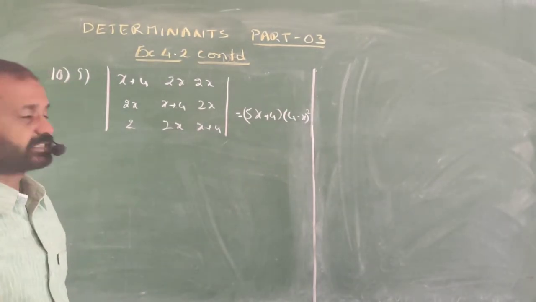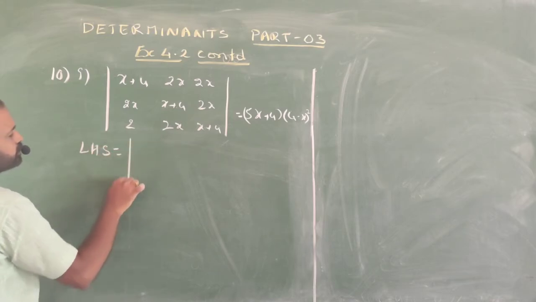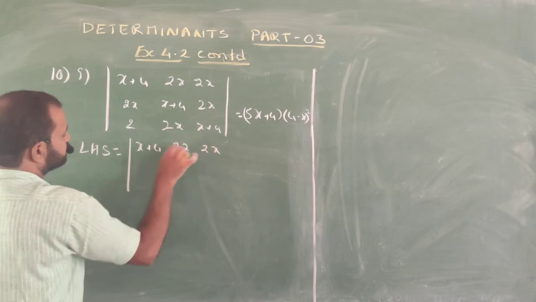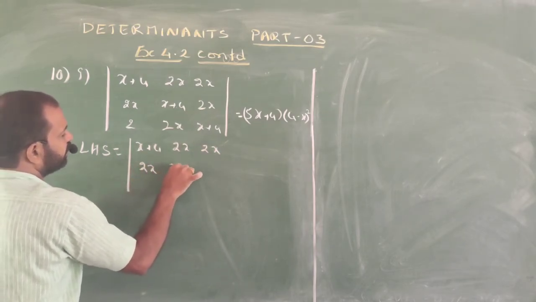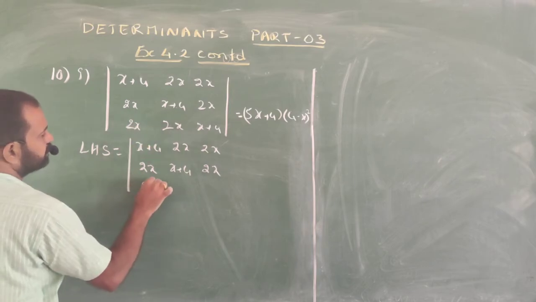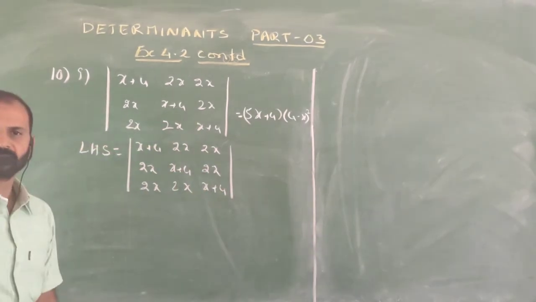Now, LHS is equal to x plus 4, 2x, 2x; 2x, x plus 4, 2x; 2x, 2x, x plus 4.